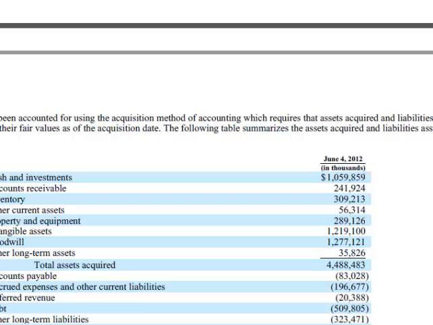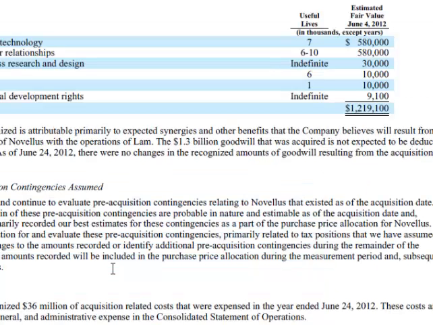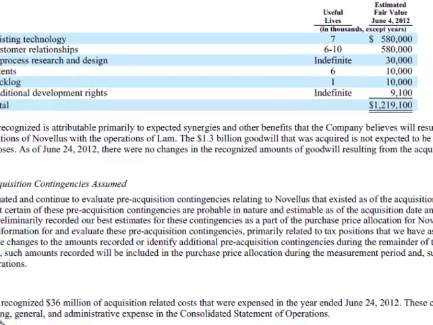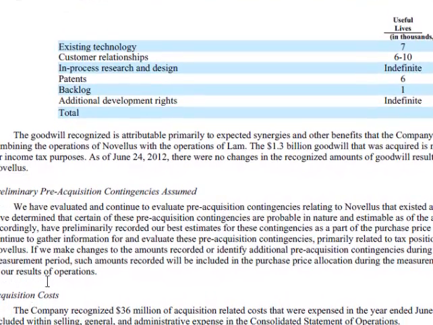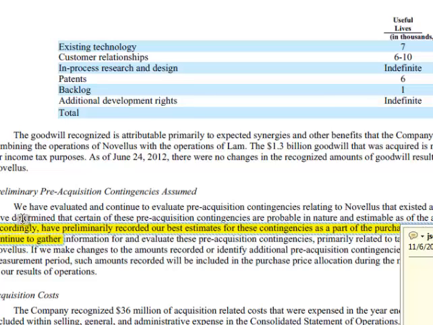So let me see if I can find the tax language that Novellus was using. Okay, so it's hard to get the screen on this, but they have some language right here that basically says... oops, oh boy, now I screwed it up.